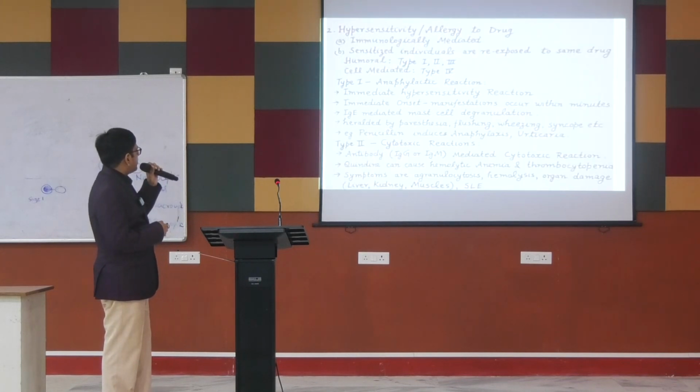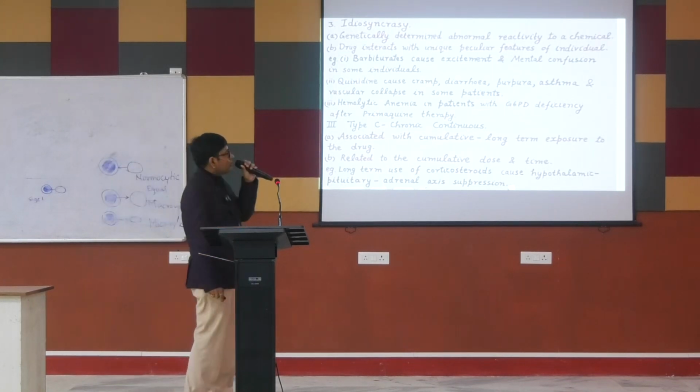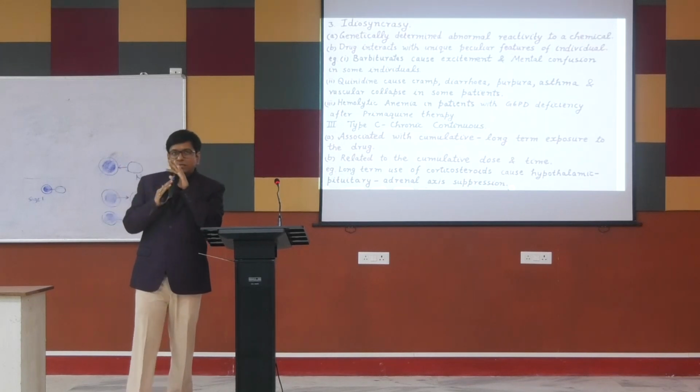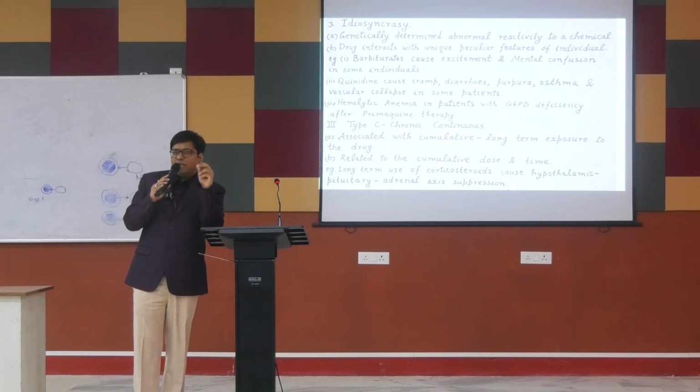Just remember the examples. And this is important, idiosyncrasy. It is the type of unexpected side effects. This is the most unexpected, idiosyncrasy. Suddenly, in very selective patients, these adverse effects occur.